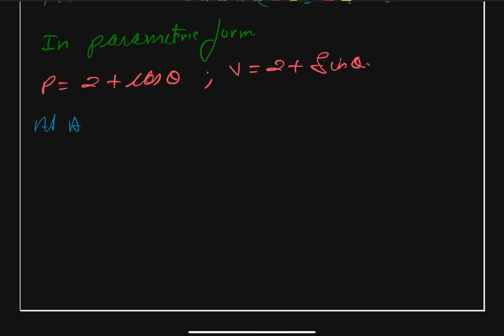At A our volume will be equal to 2, giving sine theta equal to 0, so theta is equal to 0. And our pressure P will be 2 plus cos 0, which is 2 plus 1, equal to 3.